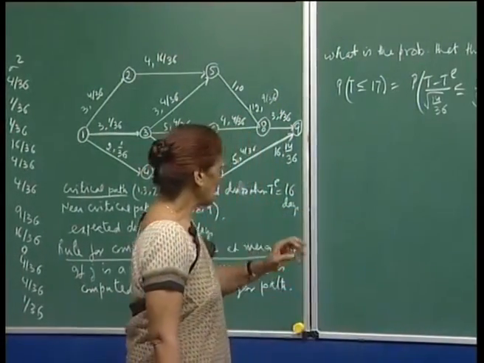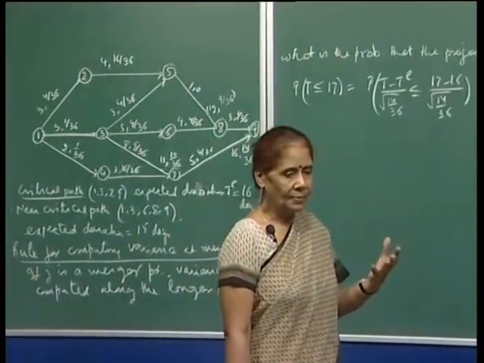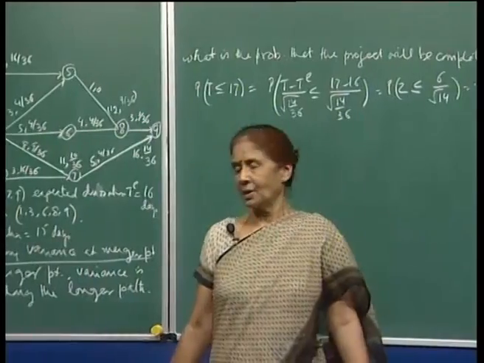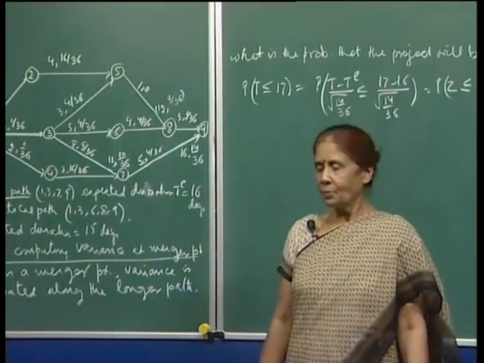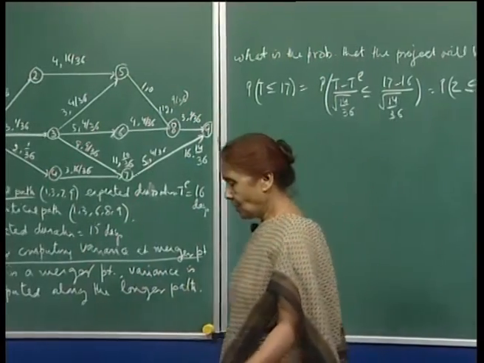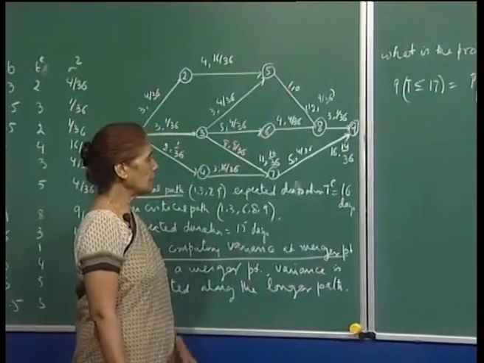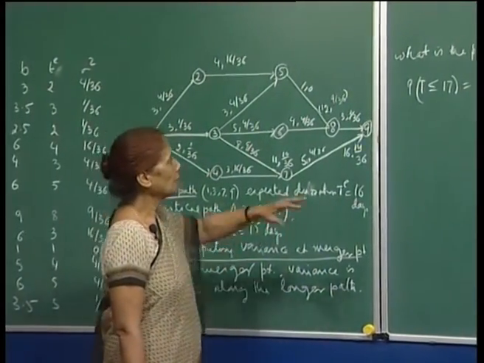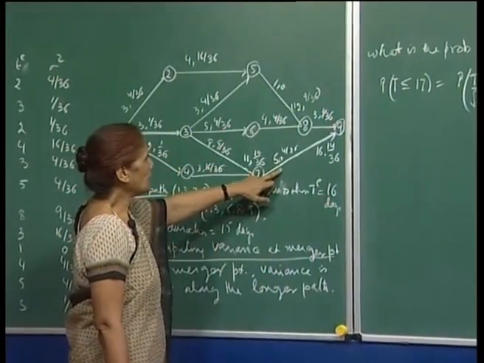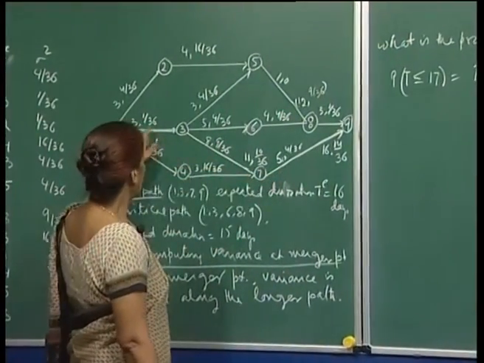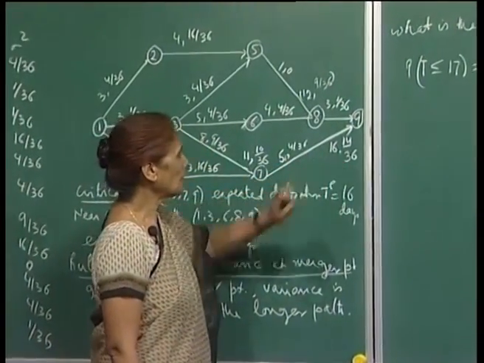This would be more realistic for a very large project. Here, just to show you the methods, I am taking a small example, but normally you will have a few hundred jobs. So I add up the variances of the activities which make up the critical path: 1 plus 9 is 10, plus 4 is 14, upon 36.